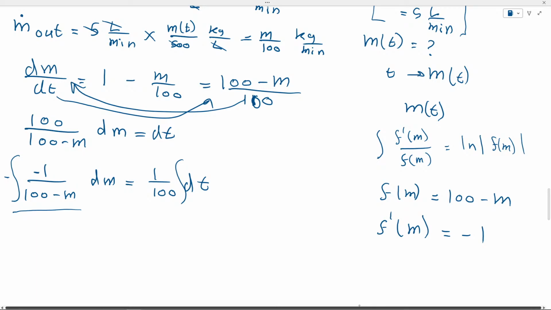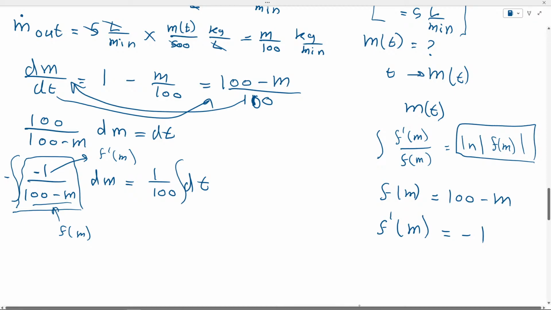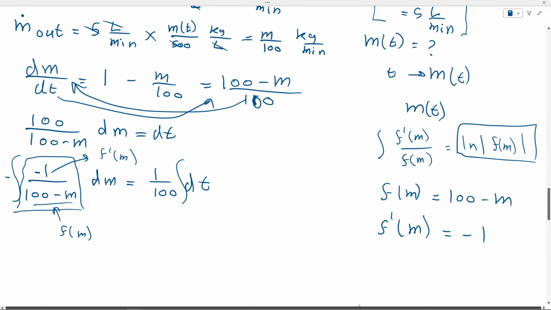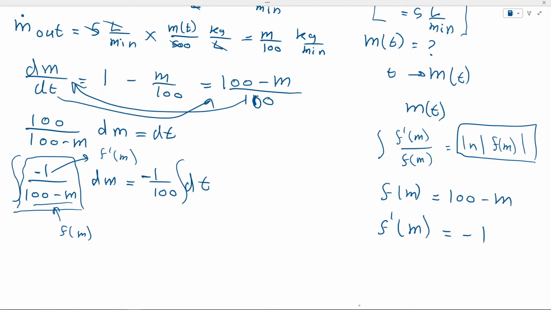So in this form, this is the function f of m, and that is its derivative. So the integration of this will be this here. I can even get rid of this negative by putting it on this side.